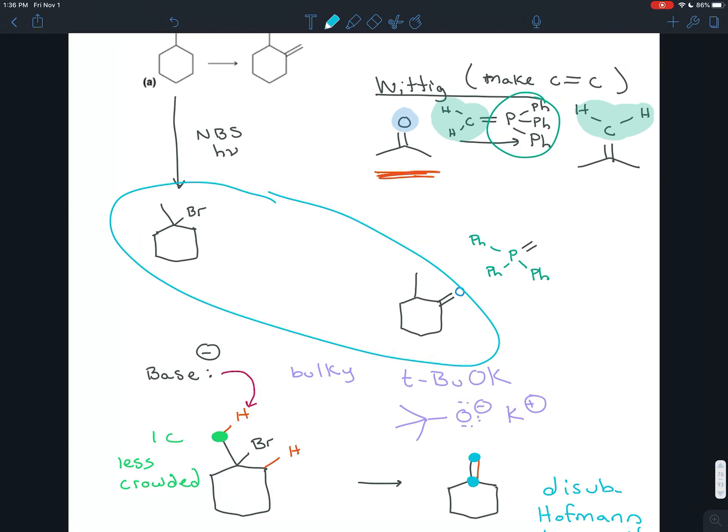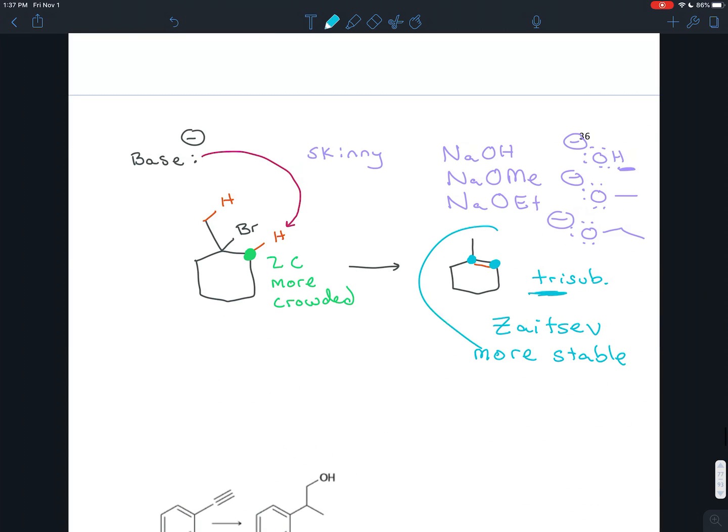So if you compare what we need to get done, the gap that we need to bridge, you'll see that it would be more useful to us to have the double bond going toward where we want the ketone, as opposed to having it go up on this little branch. And so we want this product, the Zaitsev product, and so we're going to use a skinny base.